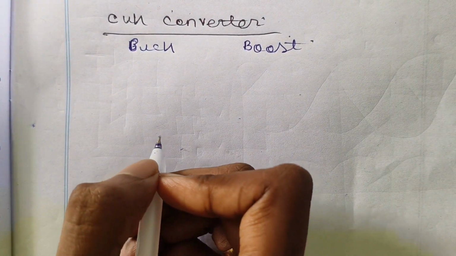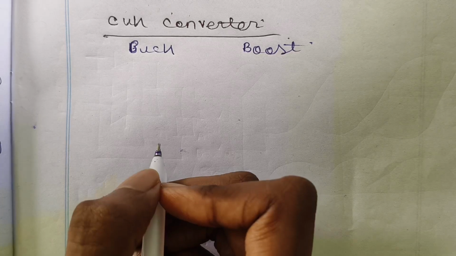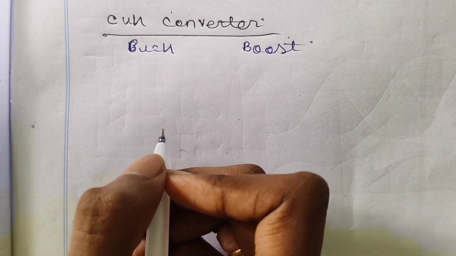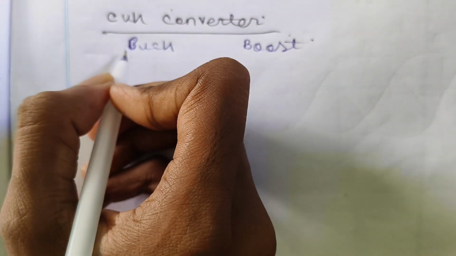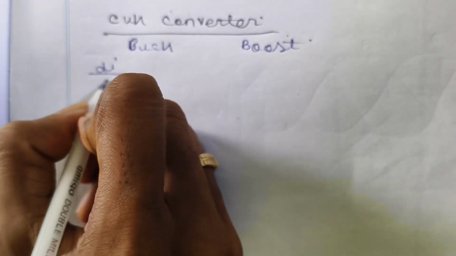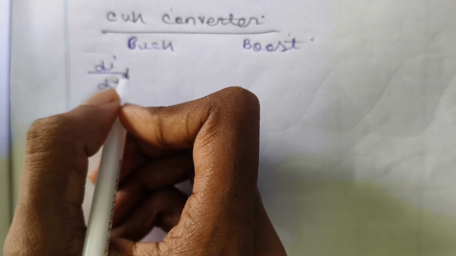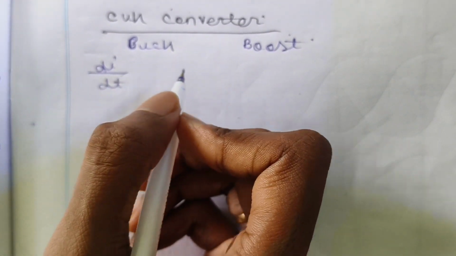In case of buck converter, what happens? We have seen that for the circuit diagram, during fault conditions, the load di/dt, that means the inductor was connected, so di/dt is limited by the inductor.